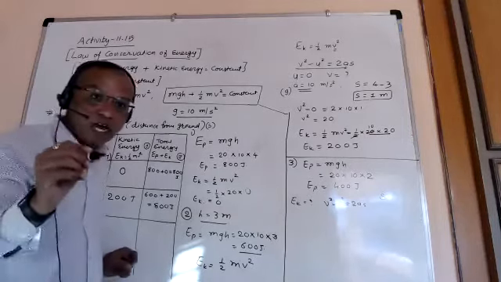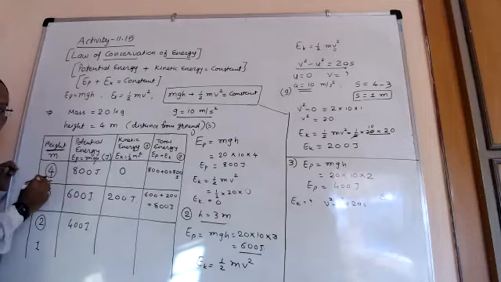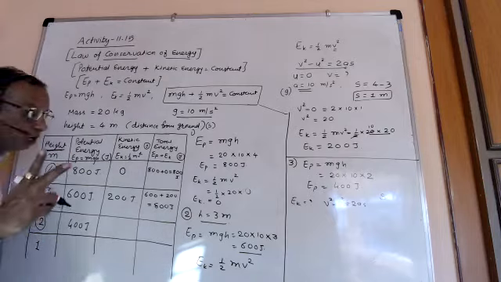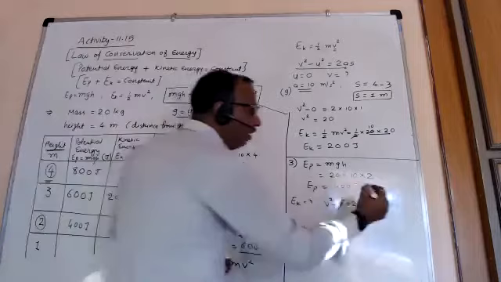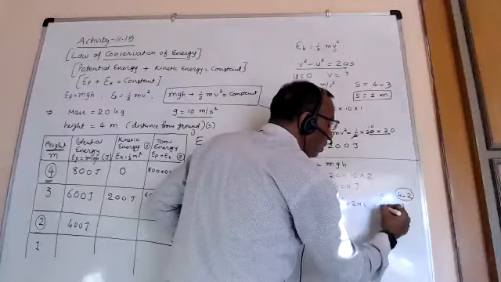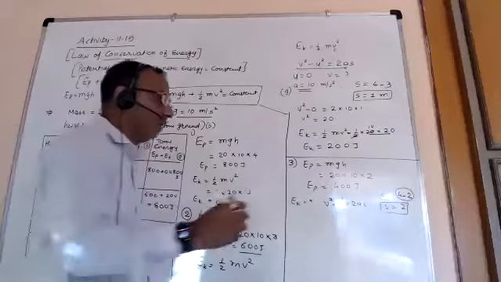That is s we are finding out. Initial height was 4 meter, and the height where we are calculating the values is 2 meter. So the distance covered by the object is 2 meter, friends.